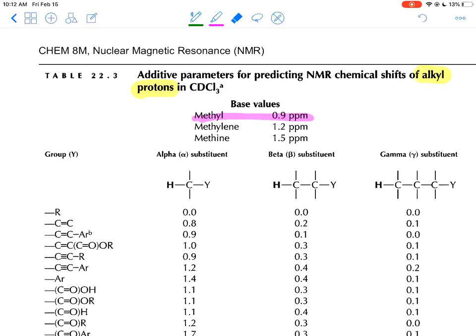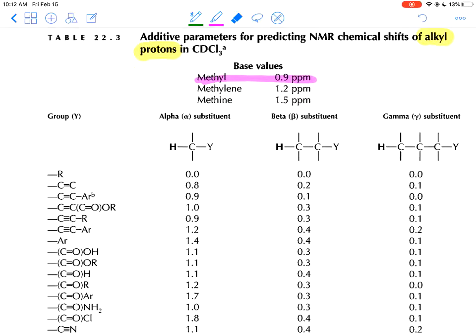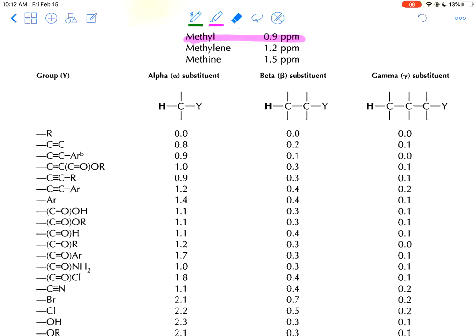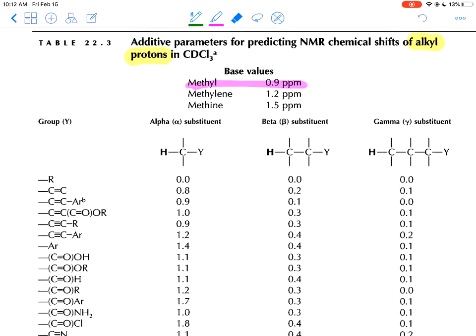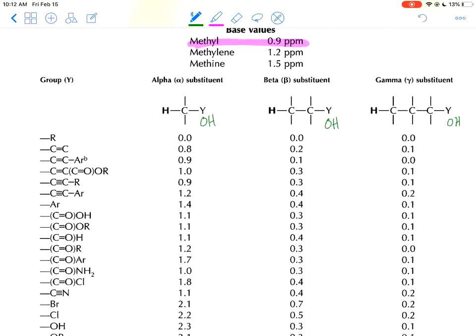For the methyl groups, you would start with 0.9, which I already highlighted, and you add only if we're close enough to the oxygen, which we're actually not. We have to be minimum 3 carbons away for it to make a difference. If we're right next door, adding an OH group adds 2.3. If we're 2 carbons away, we add 0.3. If we're 3 carbons away, we add 0.1.